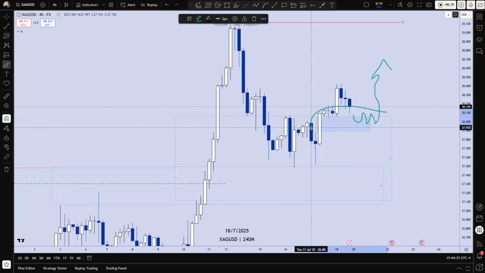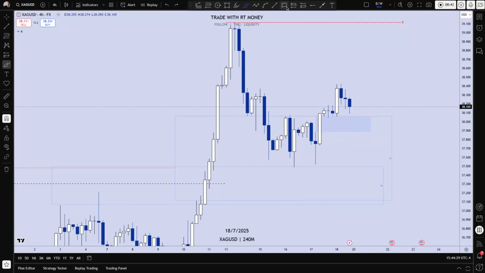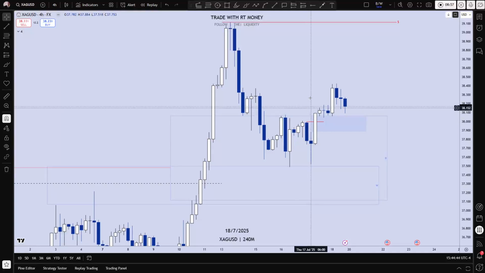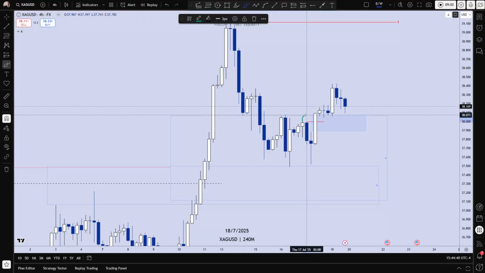All right. What I also want you to see with that fair value gap is that we have an intersecting swing high here. All right. When the swing high is like a wick and it comes up, say it ended up over here. Say this swing high was like up here.